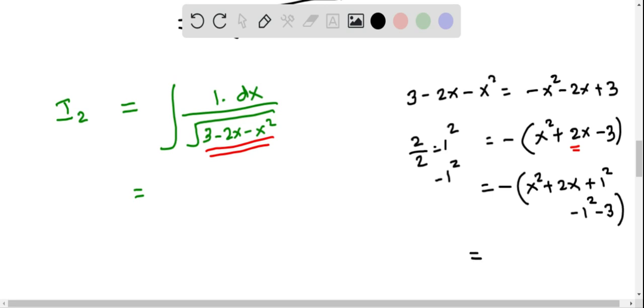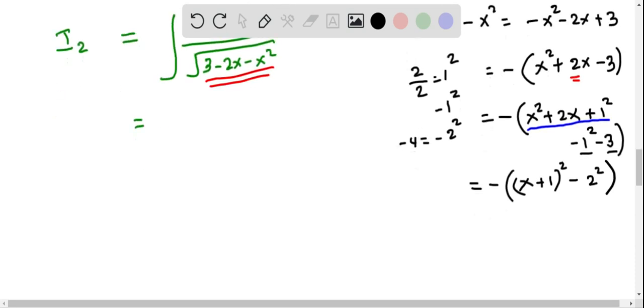We already have a negative in front. We can now combine these three terms; this is actually the expansion of a binomial x plus 1 raised to the power of 2. So we could put this as x plus 1 quantity squared, and we have negative 1, negative 3, which is negative 4, and this could be written as negative 2 squared.